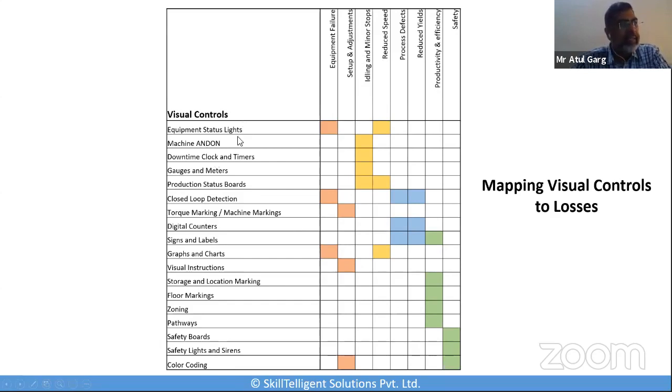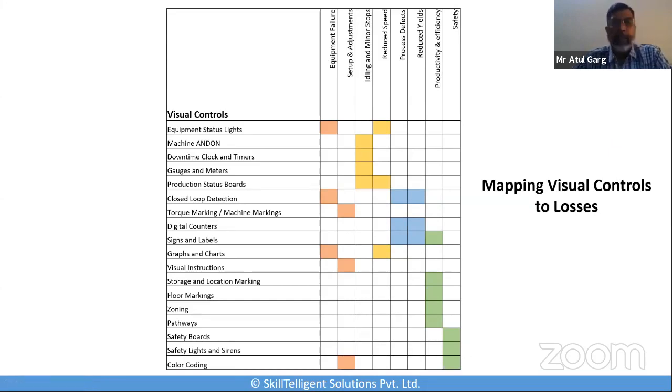Over here, these rows identify the various visual controls he identified, starting from equipment status light, machine andons, downtime clock and timers, gauges and meters, production status boards, closed loop detection, torque marking, machine marking, digital counters, and so on and so forth. And on this side, he puts up that these will be used for equipment failures, setup and adjustment failures, idle and minor stoppages, and so on. So that is how he starts identifying it over here.